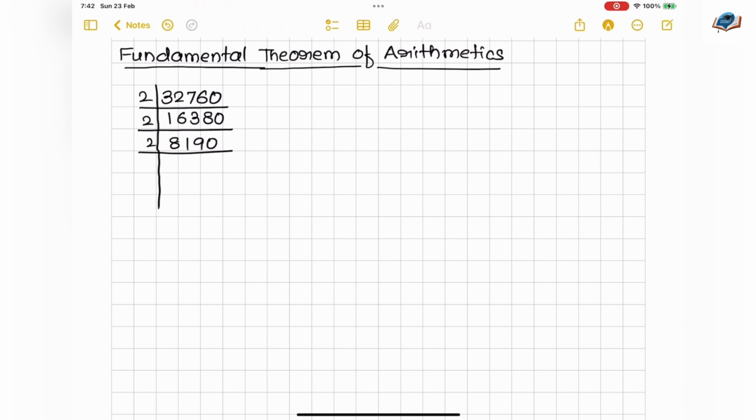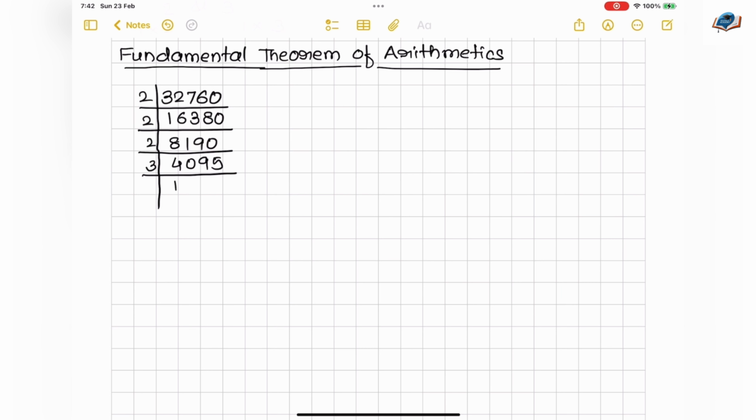Again 2, 4095. Now, with 2 it is not going. So now I will check for 3. The technique to check for 3 is I have to total all the digits. If the total is divisible by 3, the number is divisible by 3. So here it is divisible.